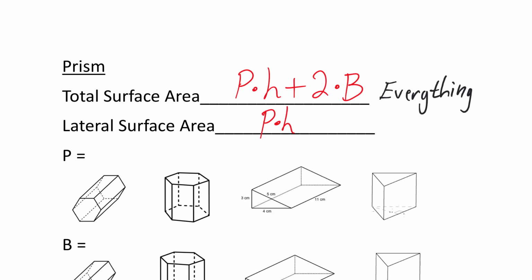And so how is the lateral surface area different than that? Good. It's everything without the bases. So the lateral surface area will be less than the total. Obviously, the total has everything, the lateral is everything, but not with the bases included.